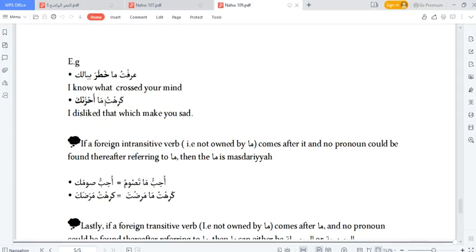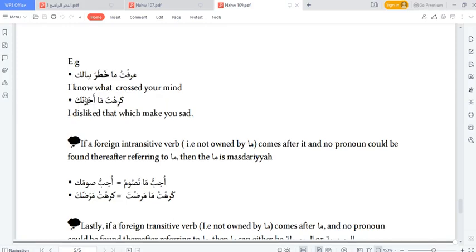Another example: karihtu ma ahzanak, I disliked that which makes you sad. So again, I dislike what makes you sad. That's what I dislike. So definitely the ma owns this verb. It is meant for it. So definitely this is ma mausula.